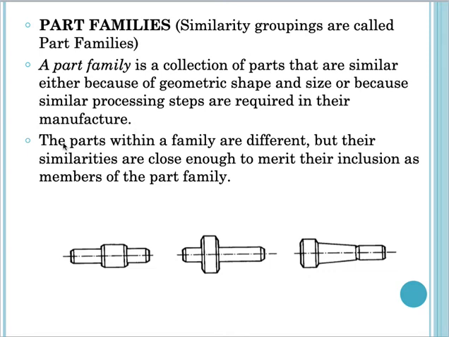The parts within the family are different, but their similarities are close enough to merit their inclusion as members of the part family. They might be similar in geometric shape and size, and similar process steps are required as well, right?